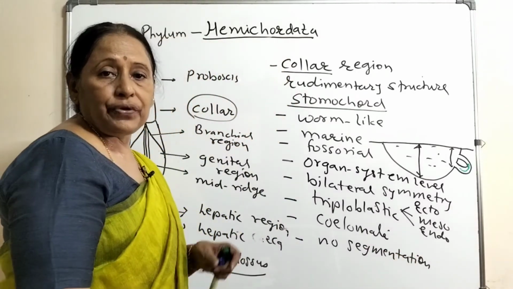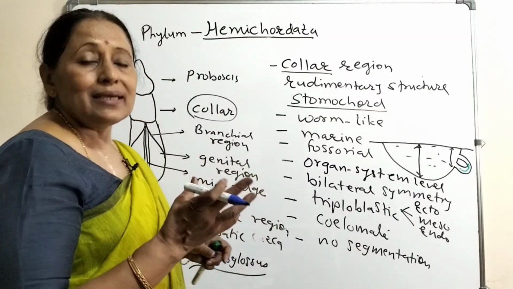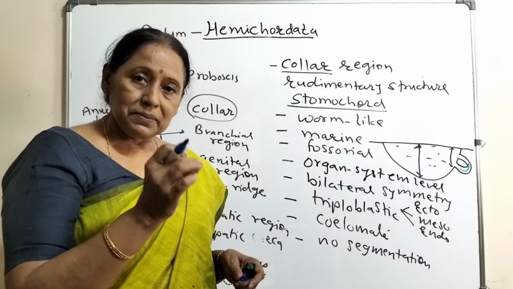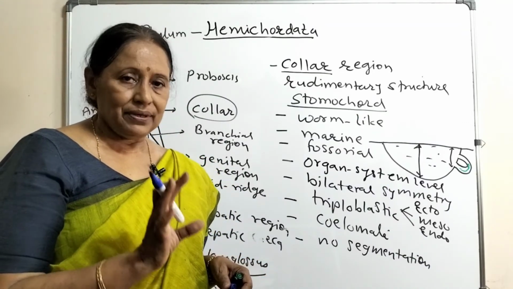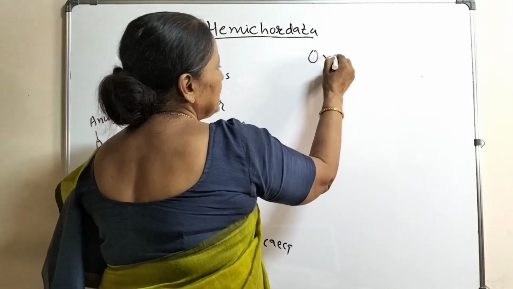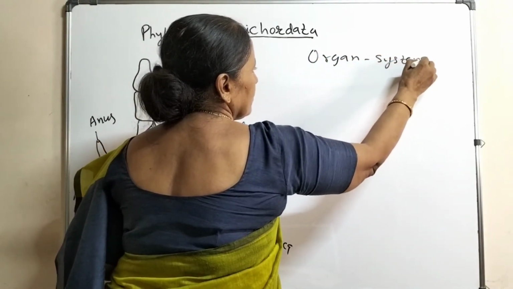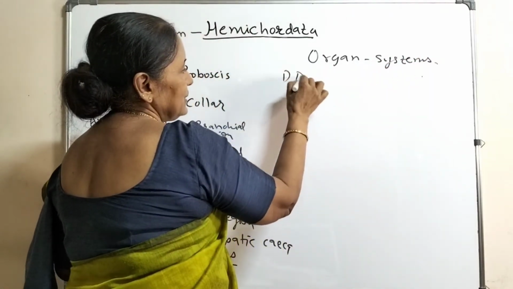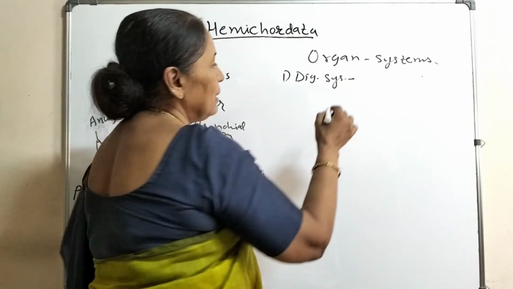Now always we move to the organ systems, and here in hemichordates, digestive system, respiratory system, circulatory system, excretory system, everything is present. About their organ systems, first the digestive system. Digestive system is complete.